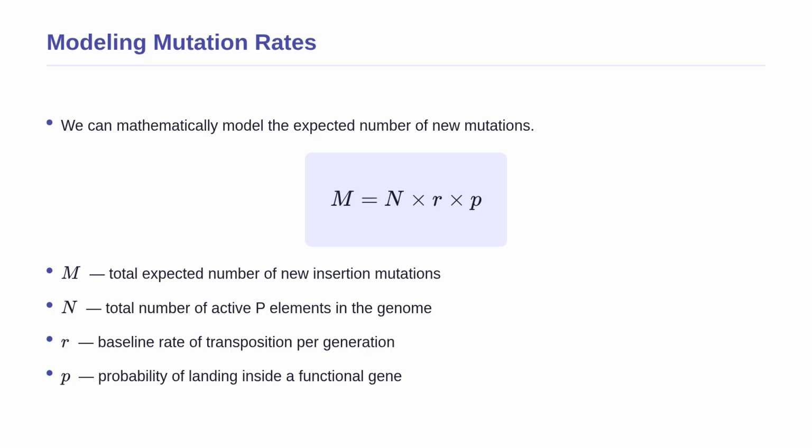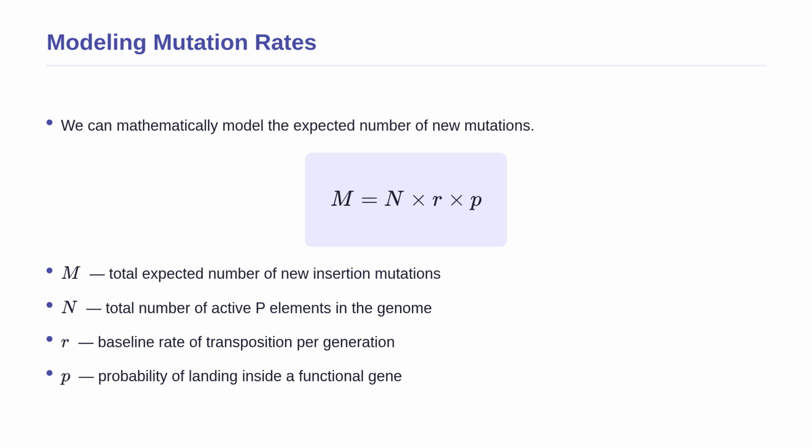While the biology is fascinating, we can also mathematically model how unstable a fly's DNA will be. This formula comes from a simple linear relationship based on how many jumping genes are present and how often they jump. The formula is m equals n times r times p. Let us break down every symbol. M is the total expected number of new insertion mutations per generation.